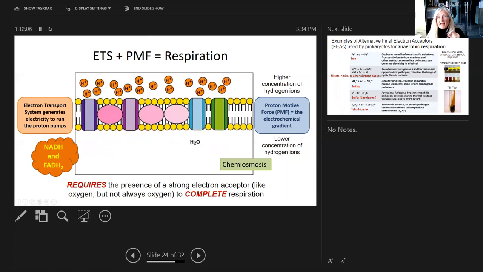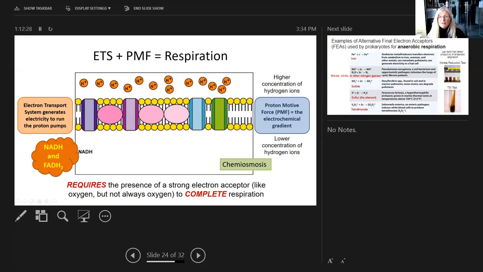So when we have this imbalance of more positive charges, more negative charges, a higher concentration on one side than the other, that creates a gradient of potential. So this is a membrane potential. And this is where the proton motive force comes from.